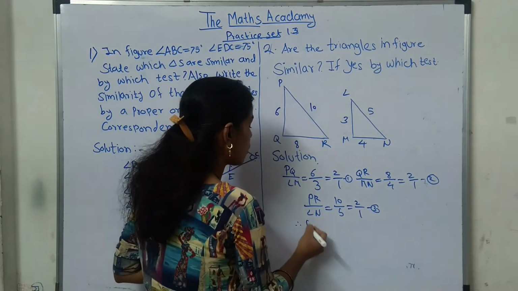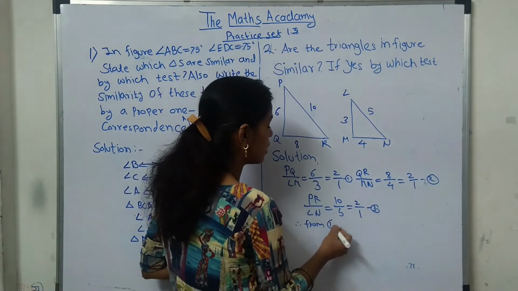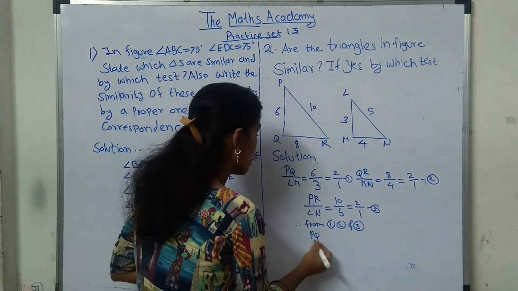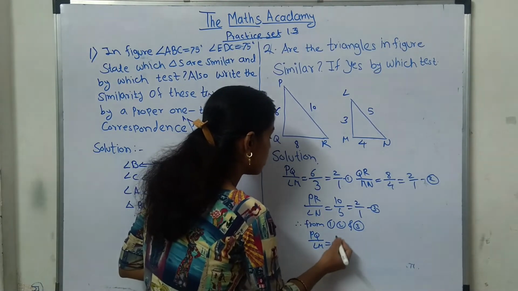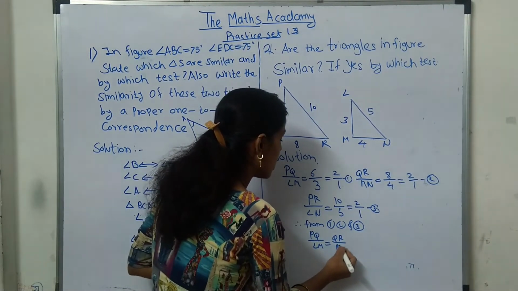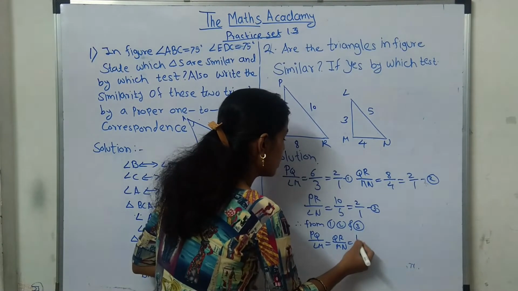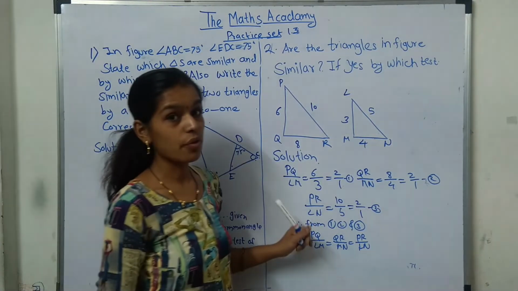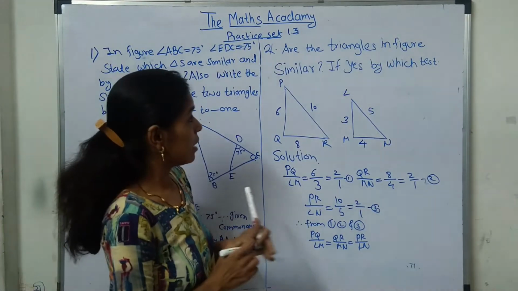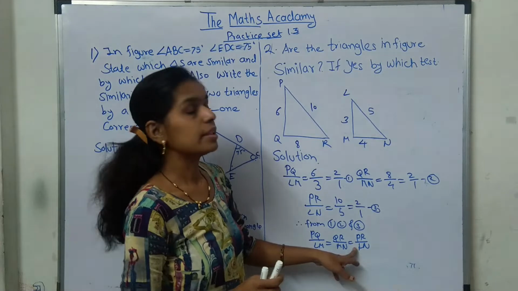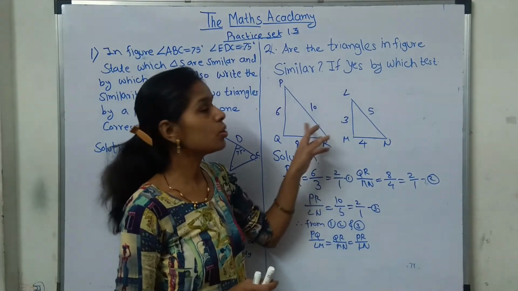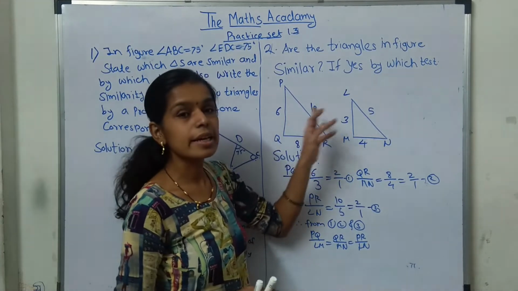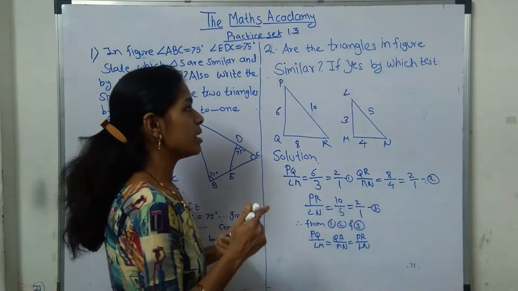Therefore from 1, 2 and 3, we have PQ upon LM is equal to QR upon MN is equal to PR upon LN. As the ratios of all the sides are equal, we can say that the two triangles are similar to each other by the SSS test of similarity.